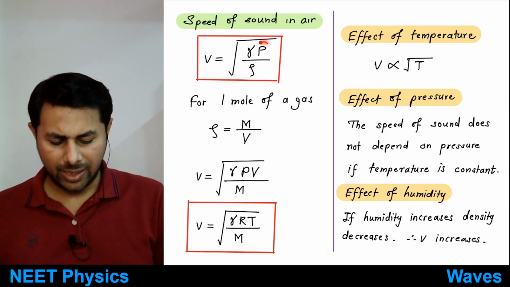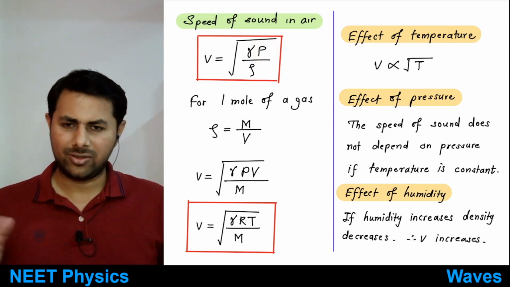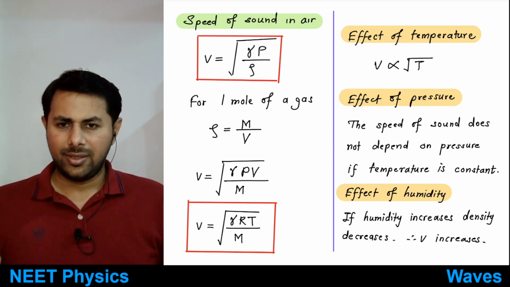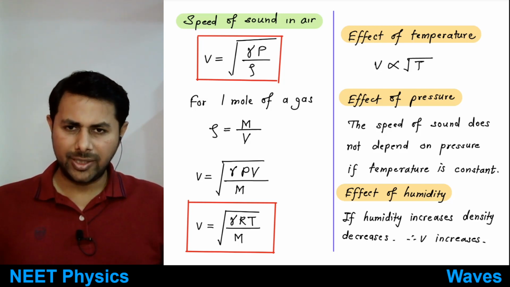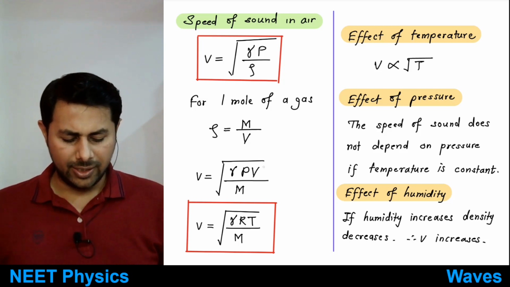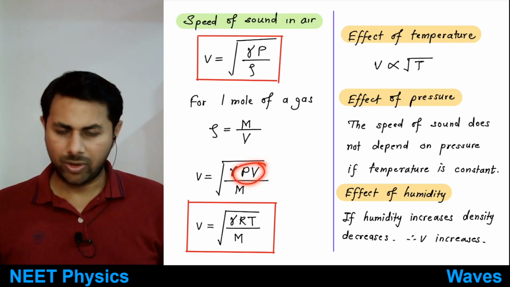Because if pressure changes, which actually changes compressions and rarefactions too, pressure increases, volume might decrease; pressure decreases, volume might increase, and the product PV might remain constant. So this product is more important.